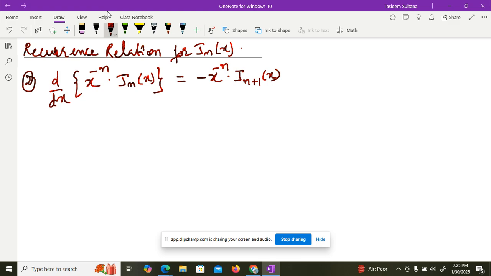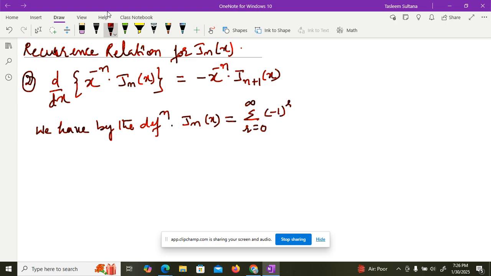By the definition, we know that J n of x is equal to summation r equals 0 to infinity, minus 1 to the power of r into 1 divided by r factorial gamma of n plus r plus 1 into x by 2 to the power of 2r plus n.